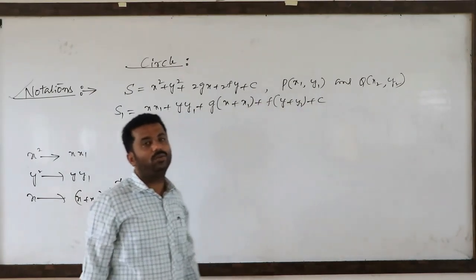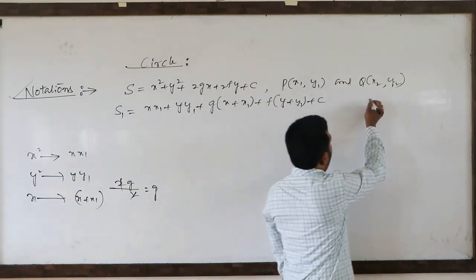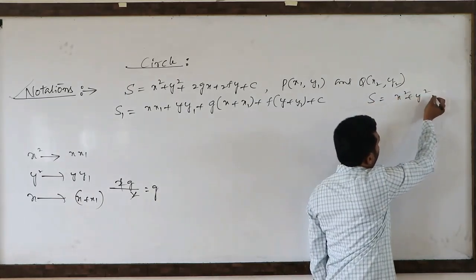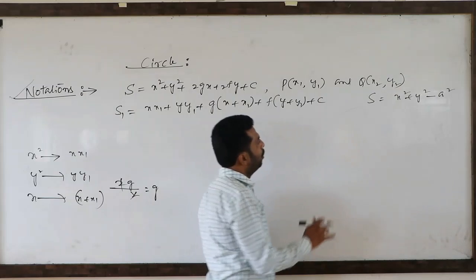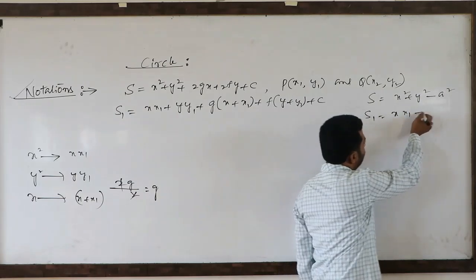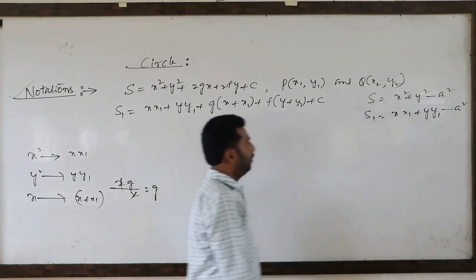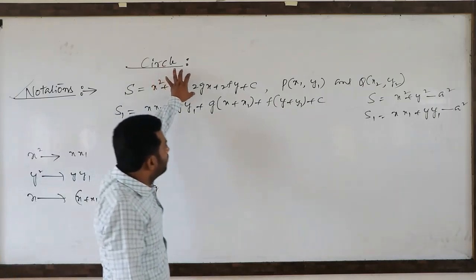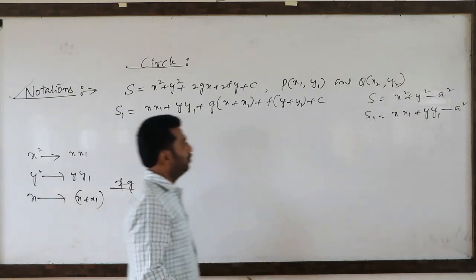Suppose the given circle is in standard form, x square plus y square minus a square equal to 0. What is S1 in this case? It is x x1 plus y y1 minus a square, since g and f are 0. So for the general equation of a circle and the standard form of a circle, these are the notations for S1.